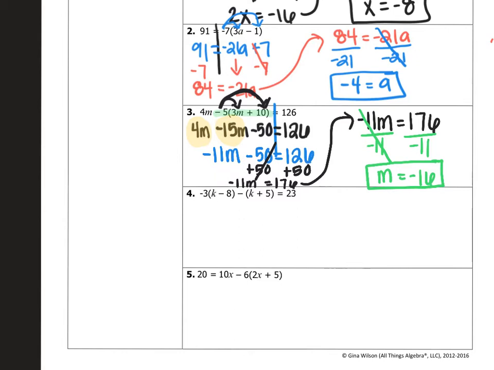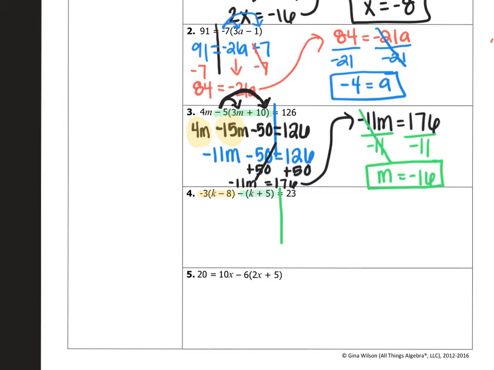All right, number 4. I'm going to draw a line down the equal sign. And there are actually 2 sets of parentheses. I have a -3 times k minus 8, and then I have a negative times k plus 5.